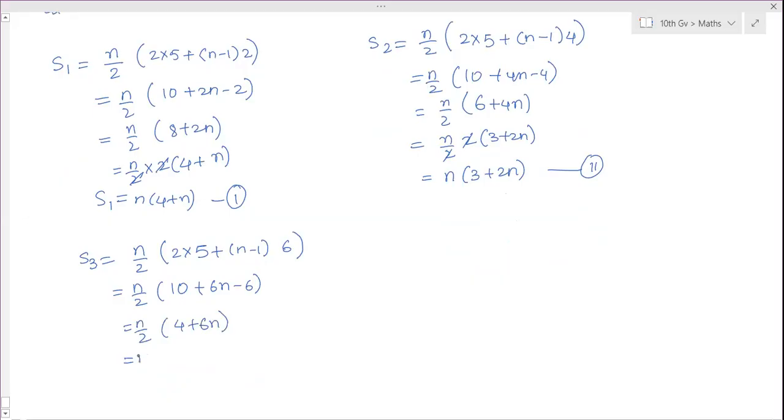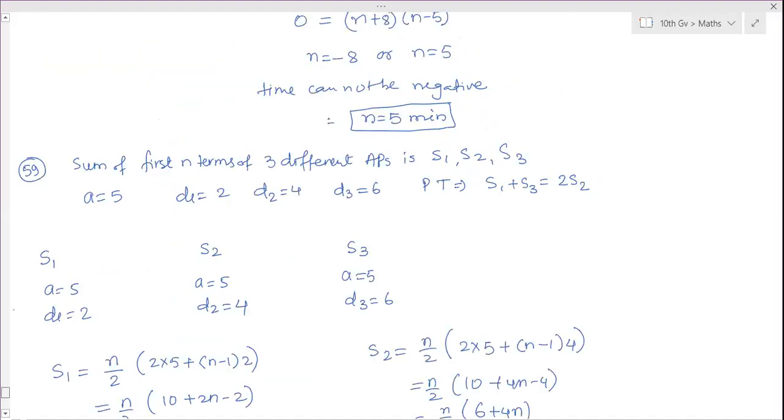Take 2 common: n by 2 into 2 into bracket 2 plus 3n. So S3 is n into bracket 2 plus 3n. This is the third part. Now what they are asking us to prove is that S1 plus S3 is 2 times S2.